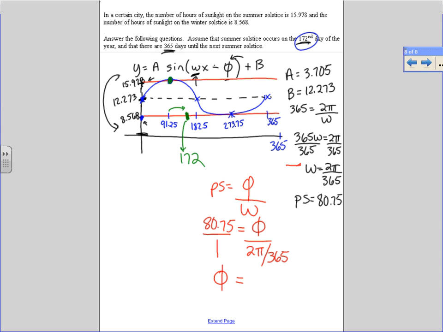So in my calculator I'm going to punch in 80.75 times 2, because I have to leave the pi in there. Let me back up again. 80.75 times 2 is 161.5. So this would give me 161.5 times pi over 365.